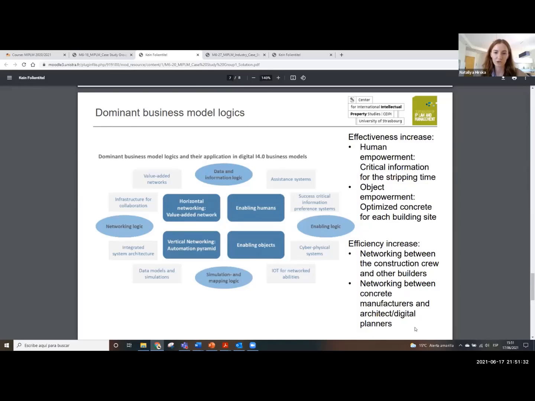Also, the company suggests the concrete formula optimized for each particular customer based on the availability of the local materials, etc. And on the efficiency side, by using sensor data and transmitting this data in real time, we can increase exchange of information between the construction crew and other builders, as well as exchange between the manufacturers and the architects and digital planners.